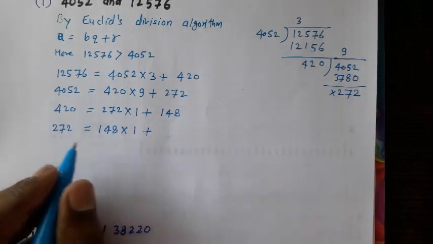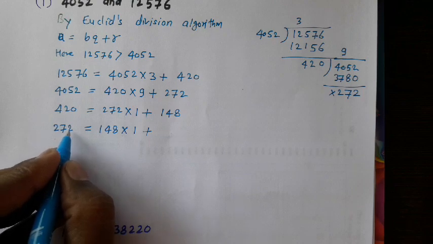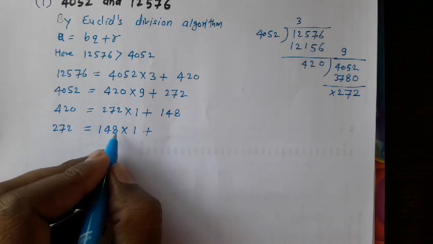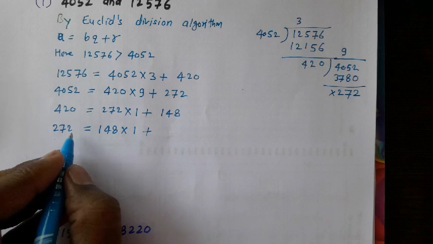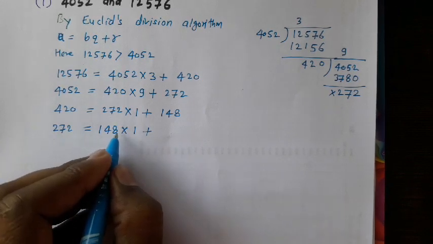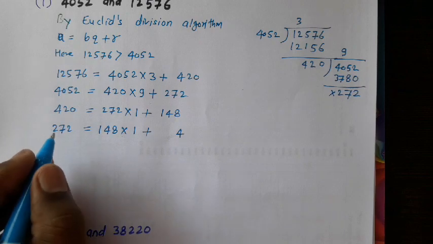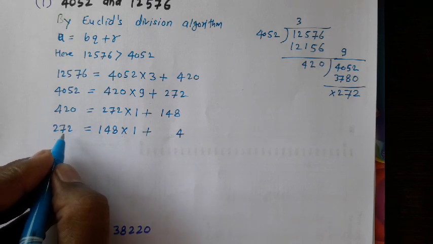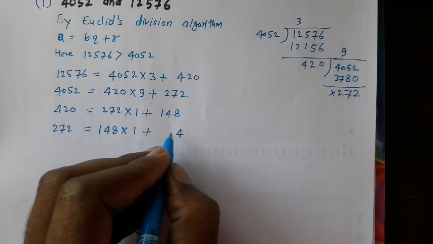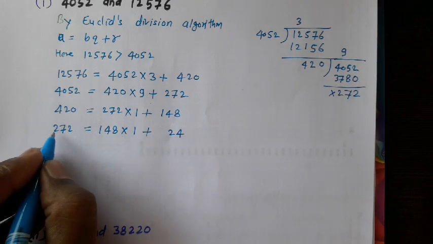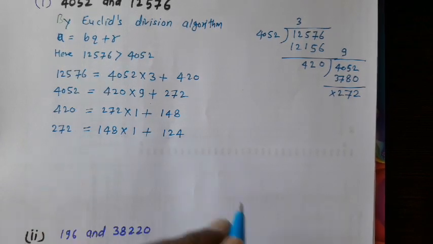Subtract: 12 minus 8 is 4, then 6 minus 4 is 2, and 2 minus 1 is 1, so 124.